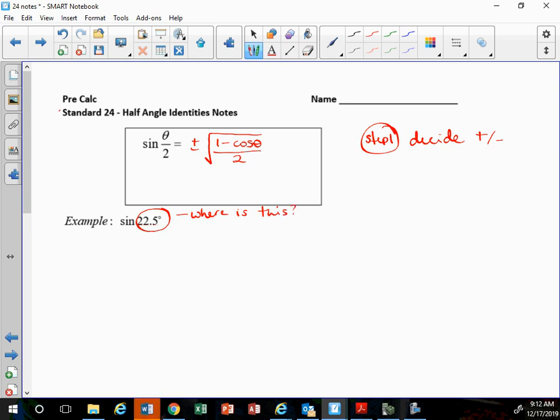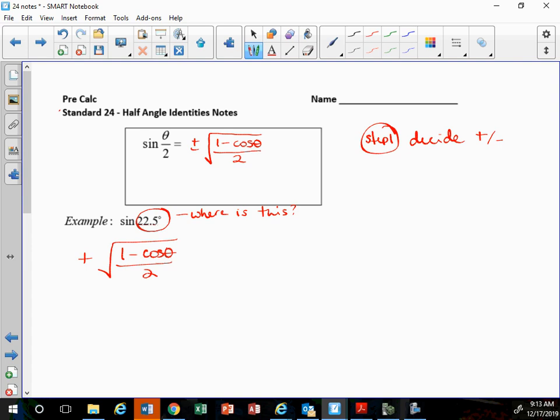What quadrant is it in? First quadrant. Is sine positive or negative in the first quadrant? So step 1, we have made our decision. It is positive. And then I'm just rewriting the formula. Make sense how we decide plus or minus?